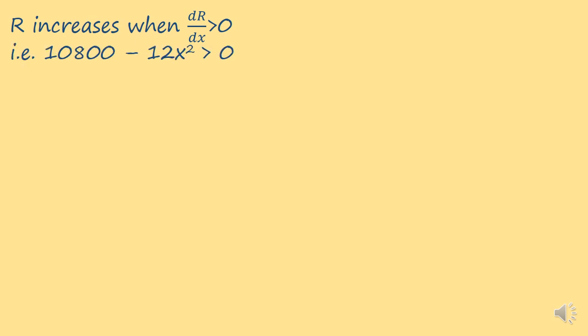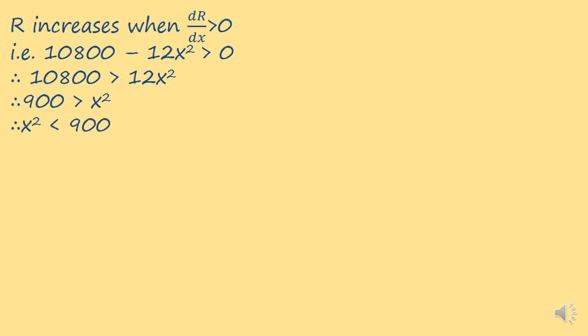That is when 10,800 minus 12x square is positive. Solving it further, we get 900 greater than x square. We can write it as x square less than 900. By taking the square root on both sides, we get x less than 30.